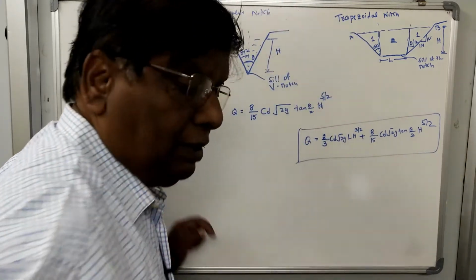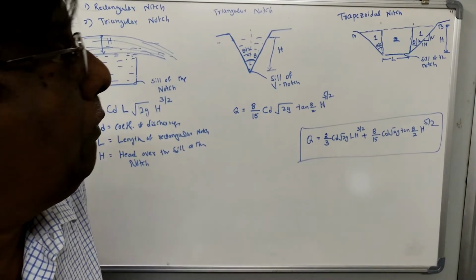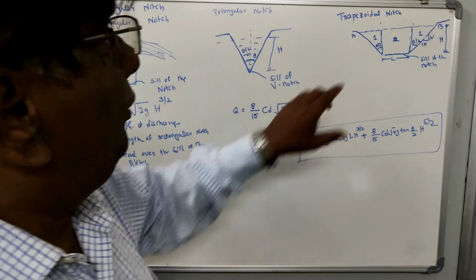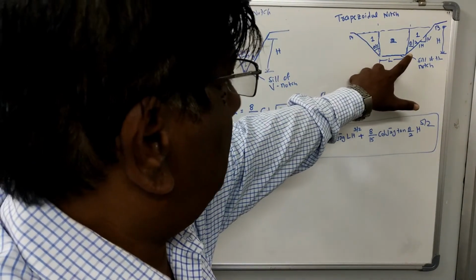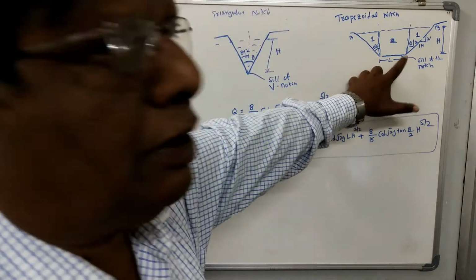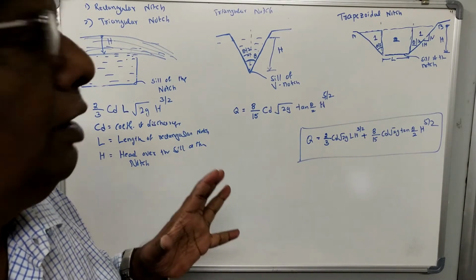Sometimes you may get a numerical problem on the trapezoidal notch. They will give you the head over the sill of the notch, and also the side slopes. The question is to find the discharge through the trapezoidal notch.